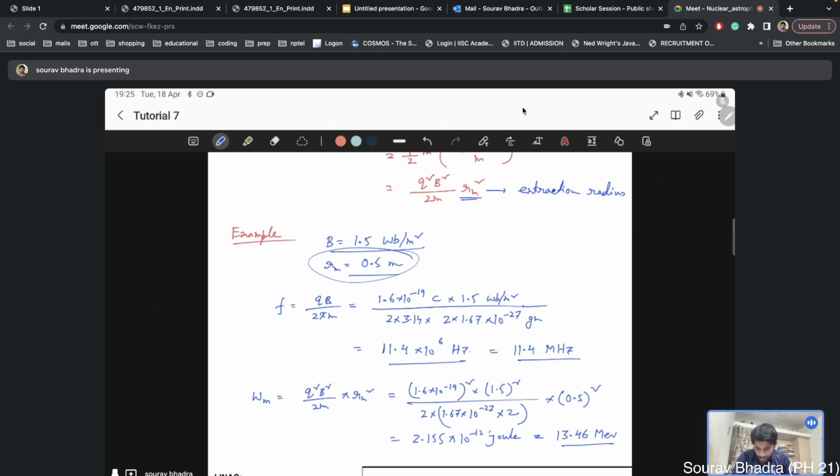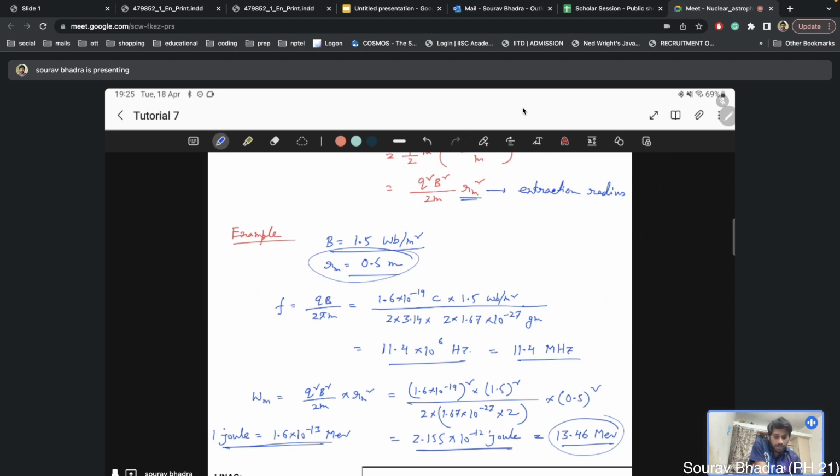To convert joule to mega electron volt, 1 joule is 1.6 times 10 to the power minus 13 mega electron volt. Just remember this conversion between joule and mega electron volt, it is important. If you write joule, perfectly fine, but maybe in your option you will come across MeV instead of joule.